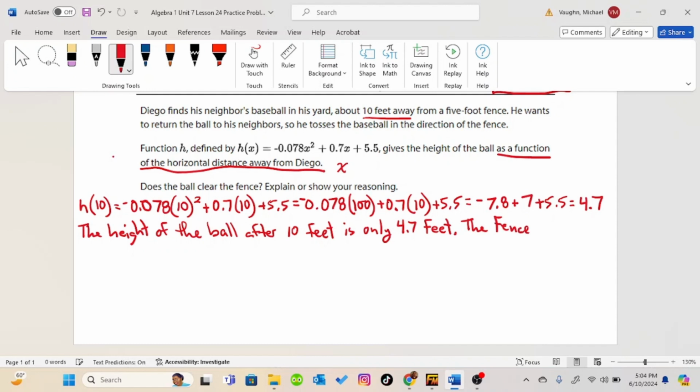The fence is 5 feet tall. The ball will hit the fence.